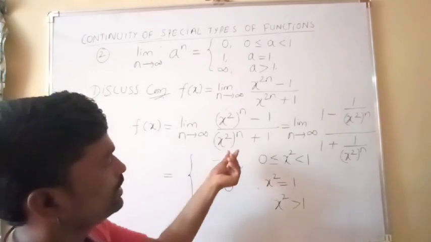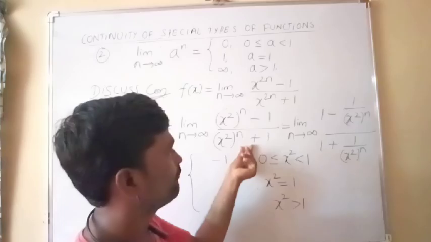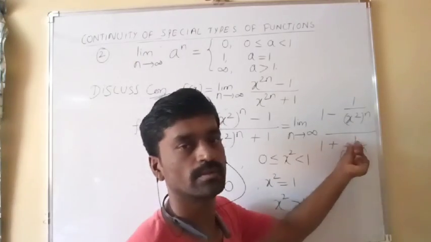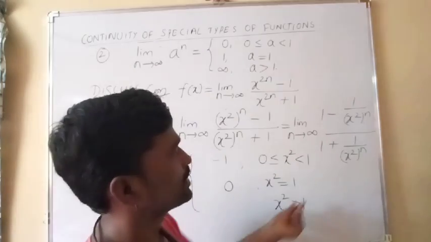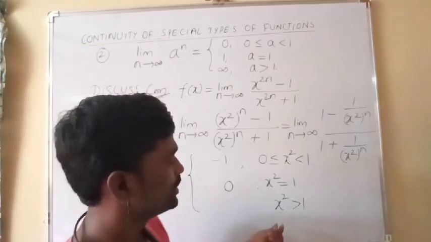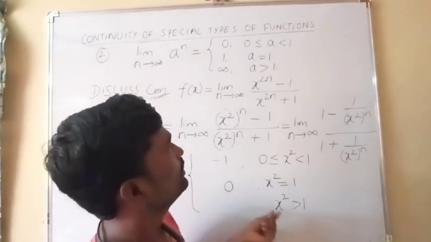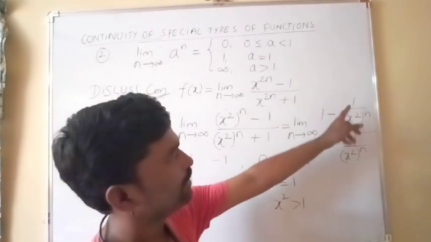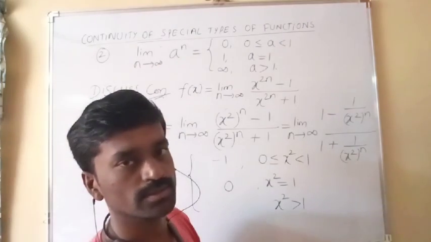Correct? So now this function is the same as this function only, no? So in this case you consider this function, because both are the same. When x square is greater than 1, x square whole power n is tending to what? Infinity. So 1 by infinity, what will you get? 0.